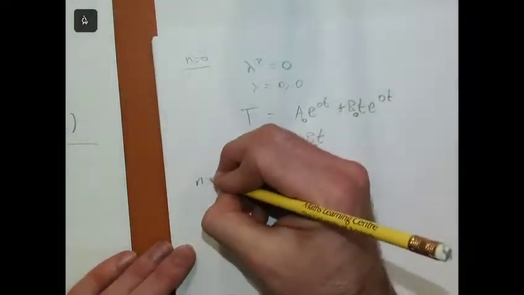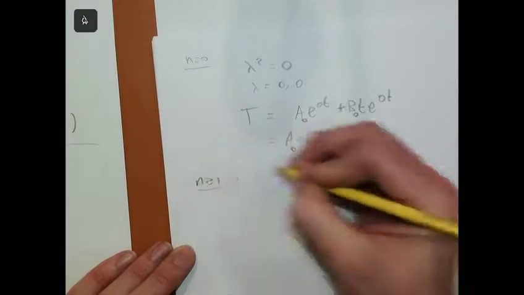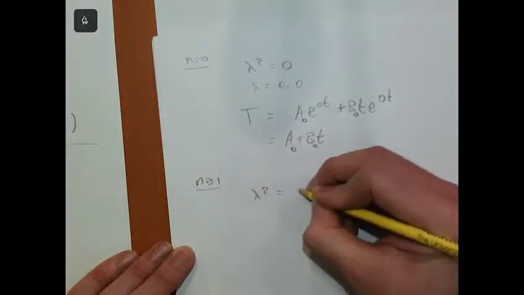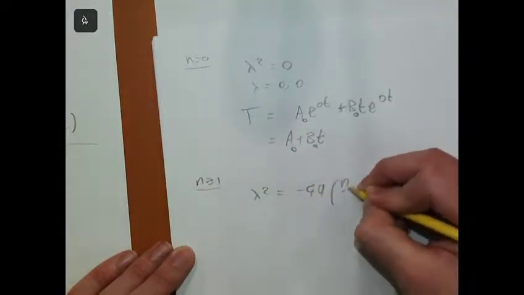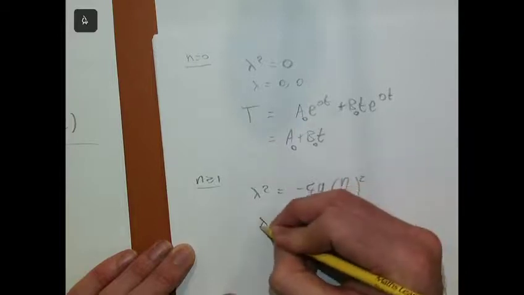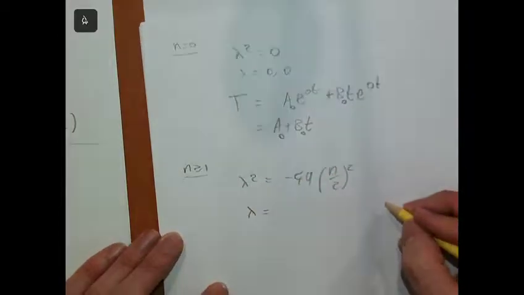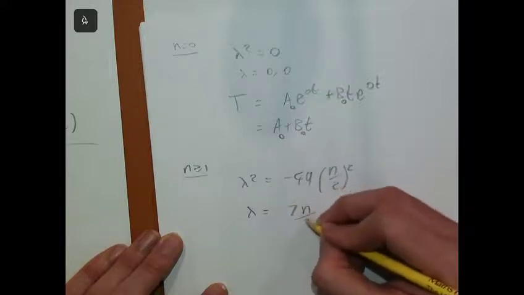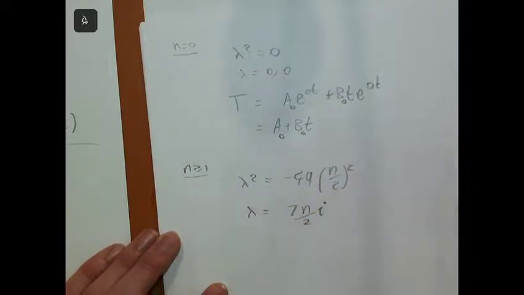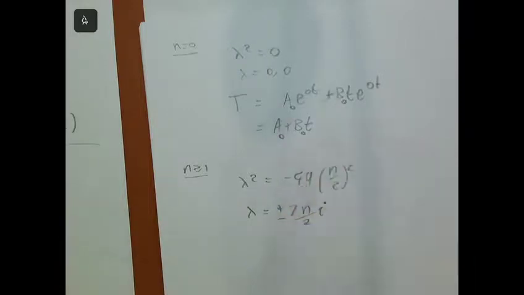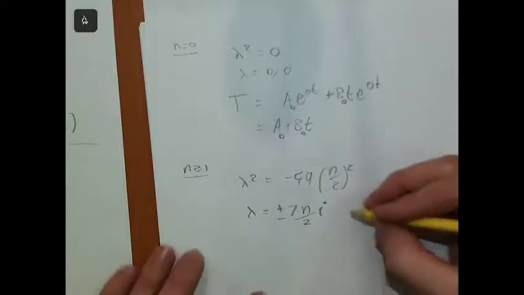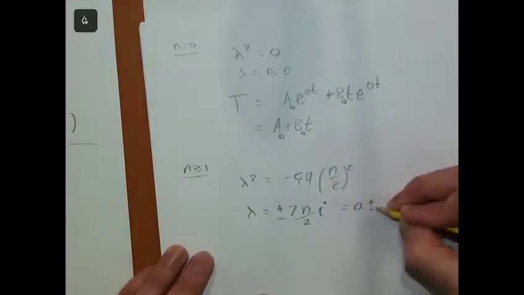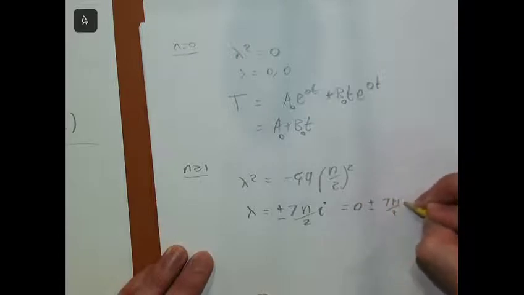And when n is greater than or equal to 1, lambda squared is minus 49 n on 2 squared. And so lambda will be, square root of 49 would be 7, square root of n on 2 squared would be n on 2, and the square root of minus 1 would be i. Plus or minus. And so again, we have two complex number solutions.